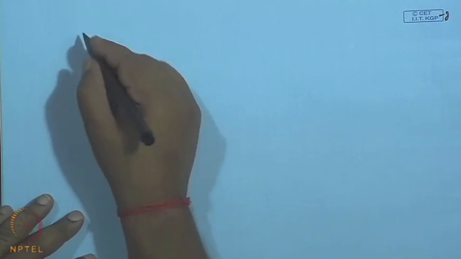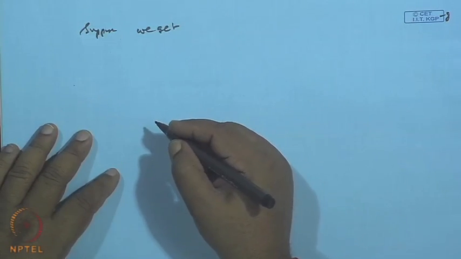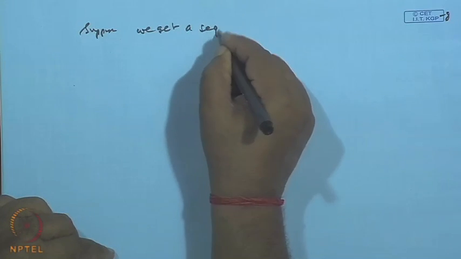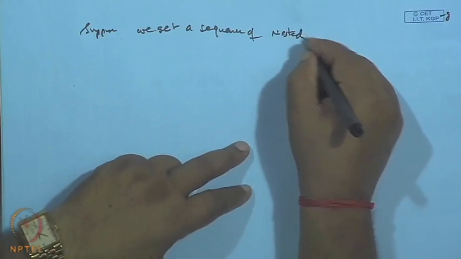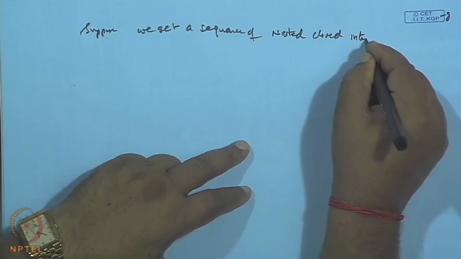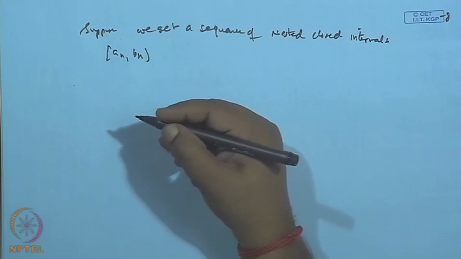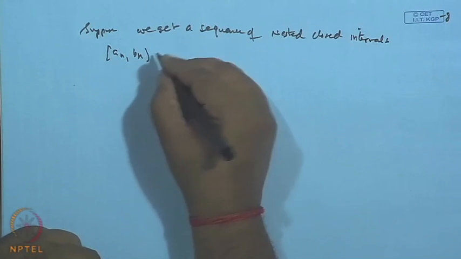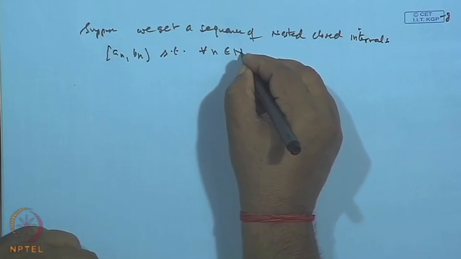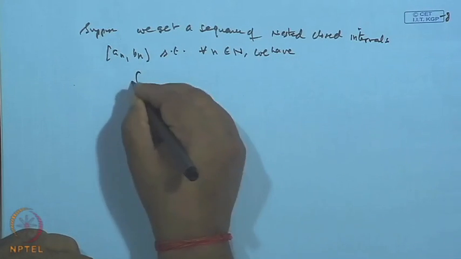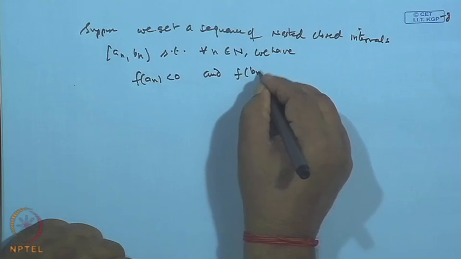Suppose at the nth stage we get a sequence of nested closed intervals a n b n such that for every n belongs to capital N, the value of f at a n is negative and the value of the function at the point b n is positive.